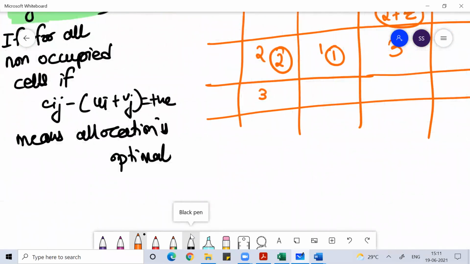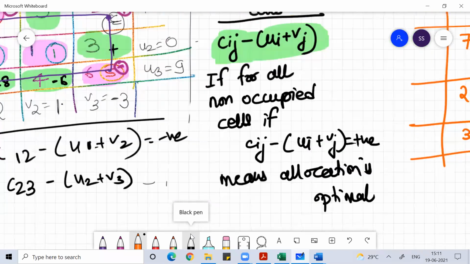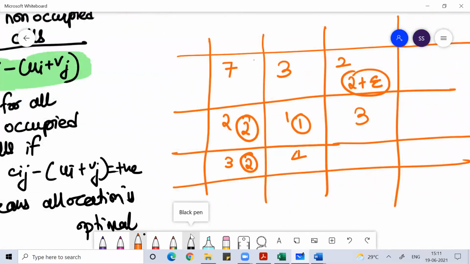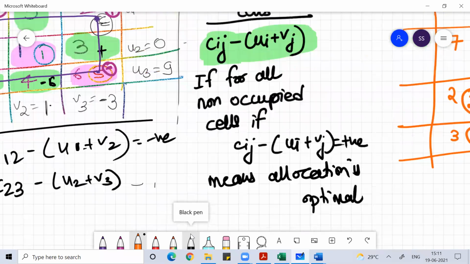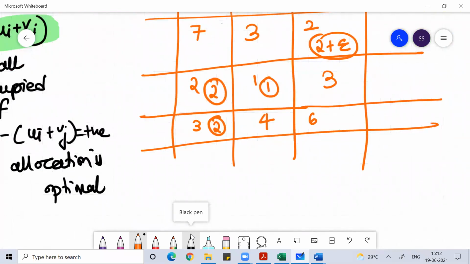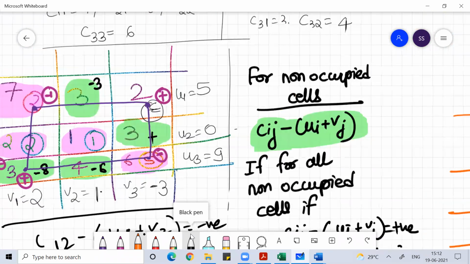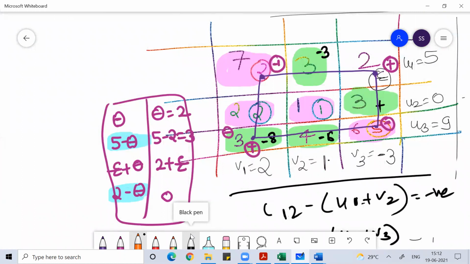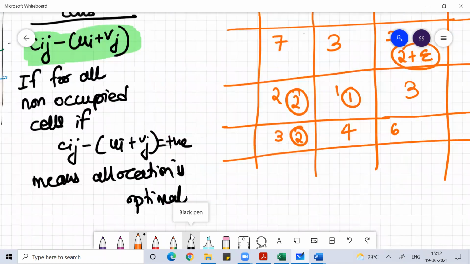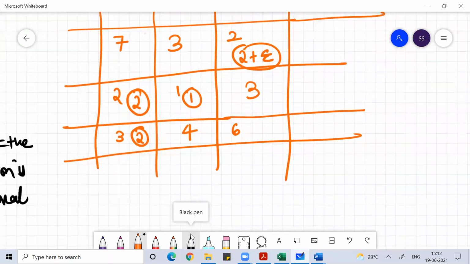Then 4, then 6, and the allocation of this would be 5. So 5 has become 3.